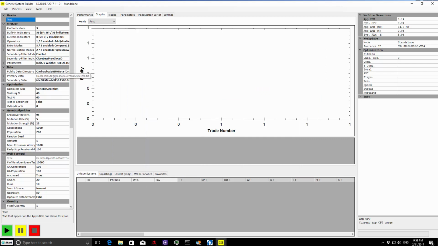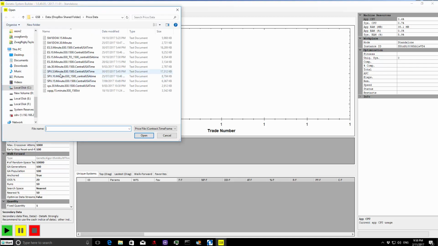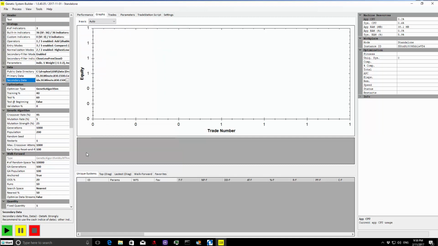On data streams, the defaults are ES for your data 1, and on data 2, there is your S&P 500 and your S&P 400 30-minute bars. Then I'm just going to hit Start and build some systems.